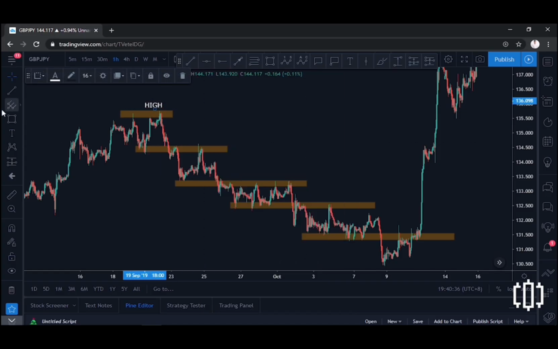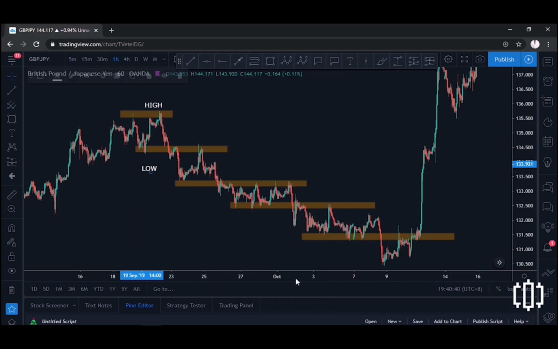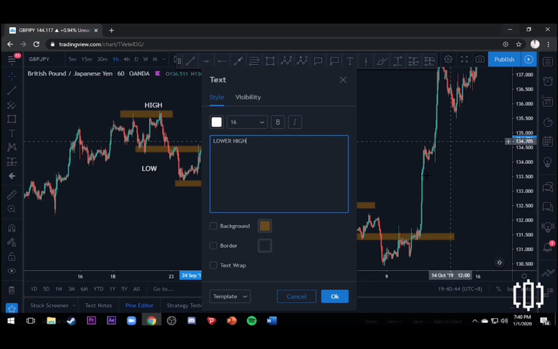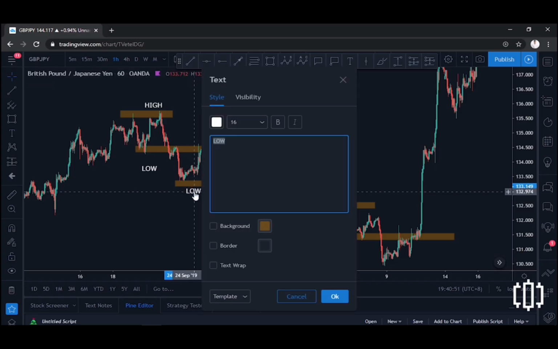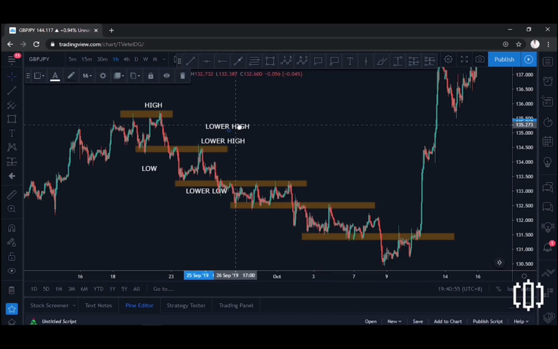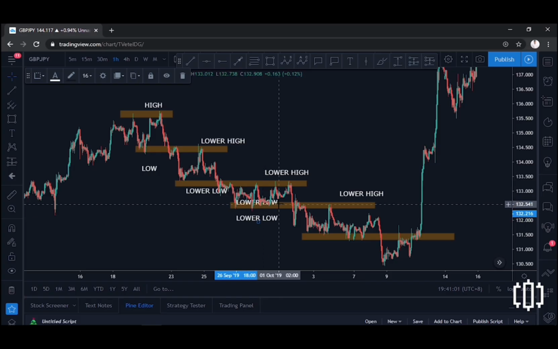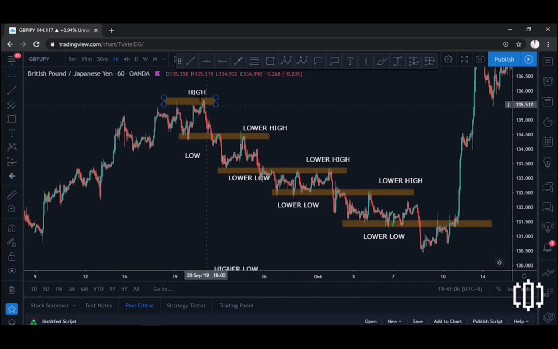Okay? It's the low. Lower high. And this is the lower low. And so on. Okay? Plot na lang natin lahat. Lower low. Lower high. And lower low. Right? Tama naman.